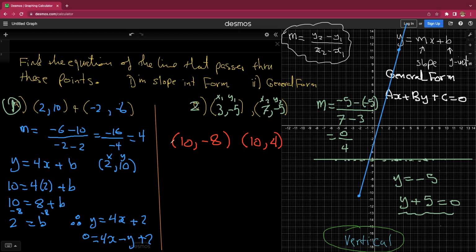Find the equation of this line right here. Sometimes it's even worth it just to plot the two points and then connect them, and maybe you could answer it a lot quicker. So I'll give you a little bit of time to answer this.